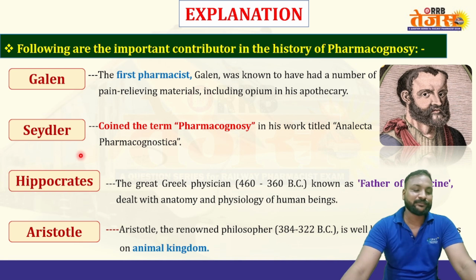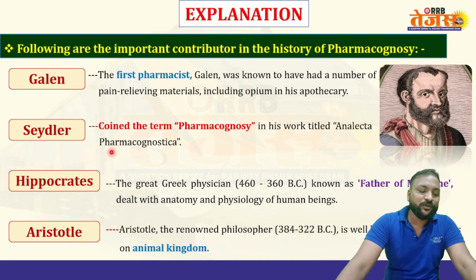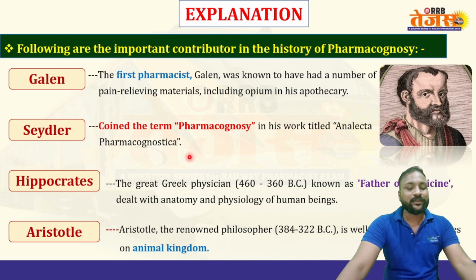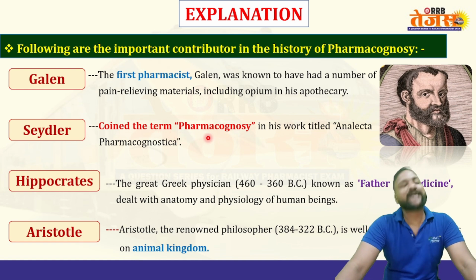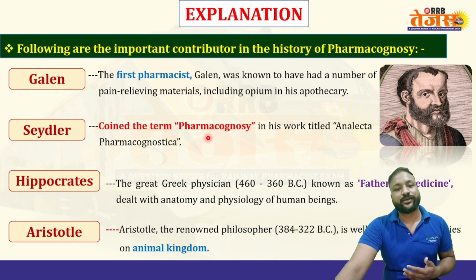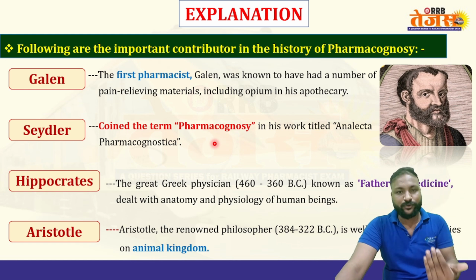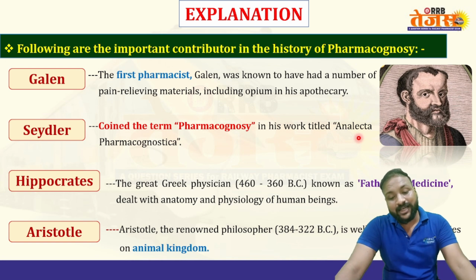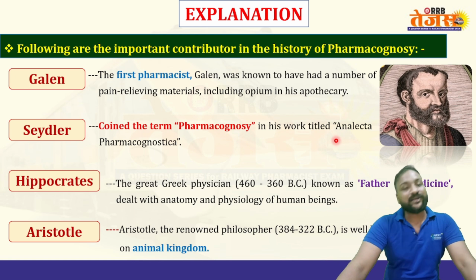So that is Galen. Also, there are some important points we need to look at here. Sedler is also one of the important scientists, but he coined the name pharmacognosy. Actually, C.S. Sedler coined the word in his research work called Analecta Pharmacognostica.